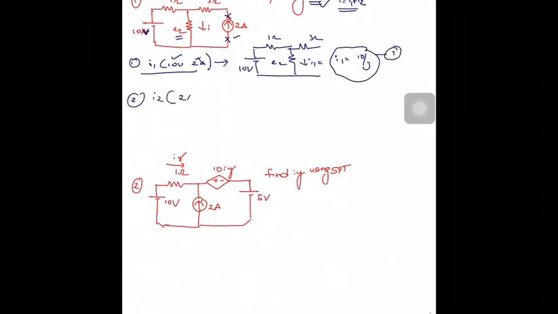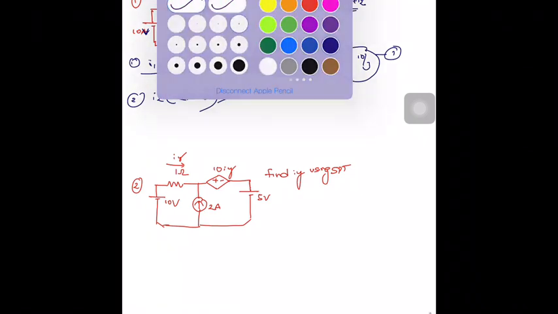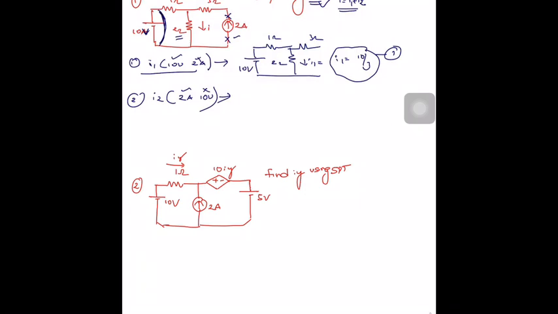Step 2, finding current I2 due to 2 amperes only. Neglect the 10 volts. How do you neglect a voltage source? You neglect a voltage source by short circuiting, right? Yes. Two amperes, 3 ohms, 2 ohms, 1 ohm. Don't combine these in parallel, because we need the current in the 2 ohms only.